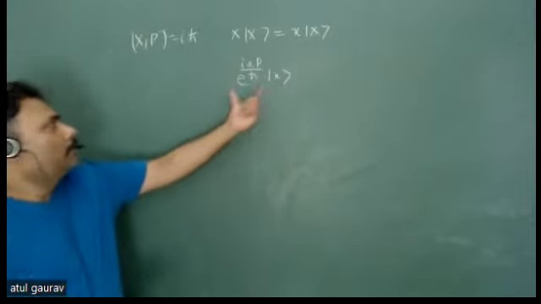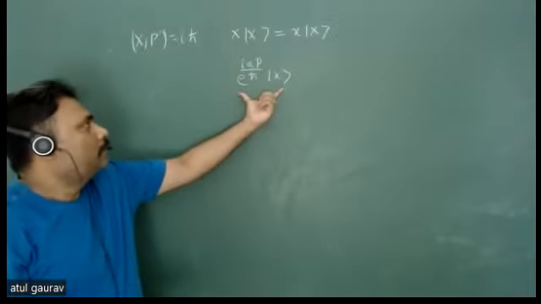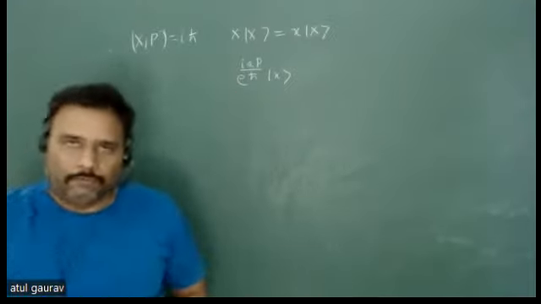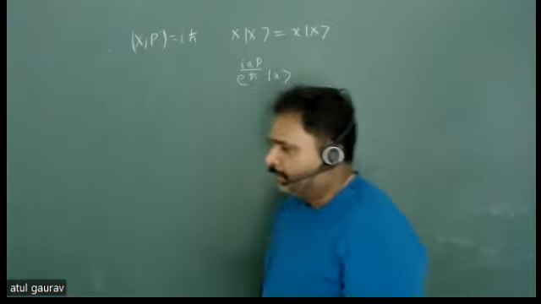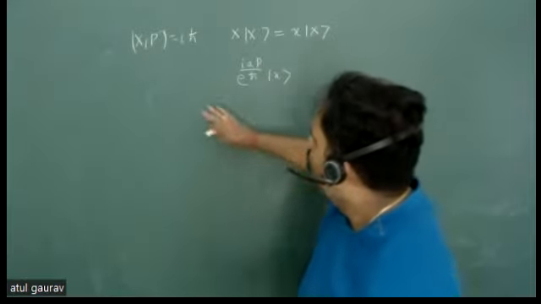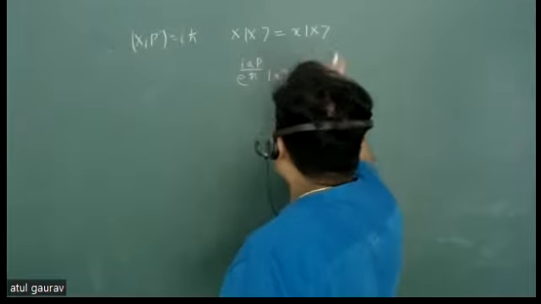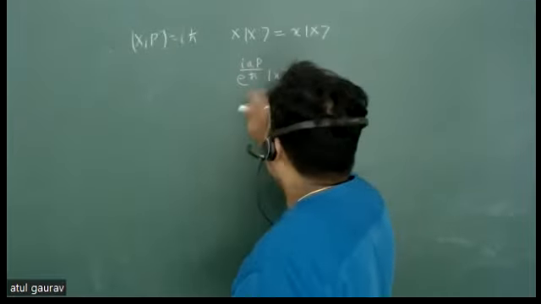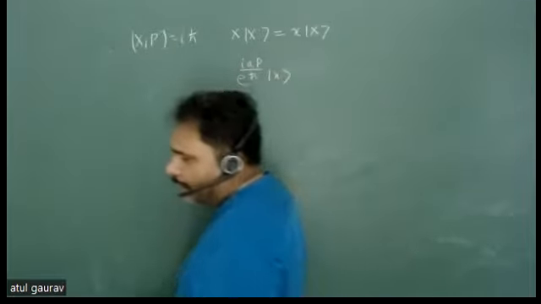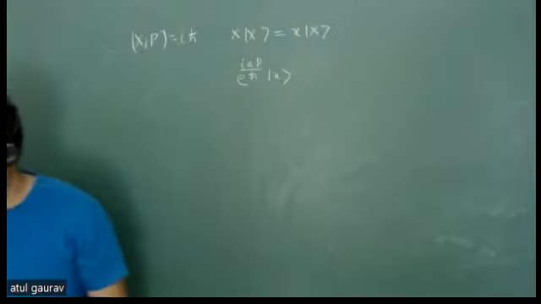What will be the eigenvalue when x operates on this one? Are you getting my point? What is this problem asking? When you operate x on this particular function, what will be the eigenvalue? So we have to see how we can approach this particular problem.